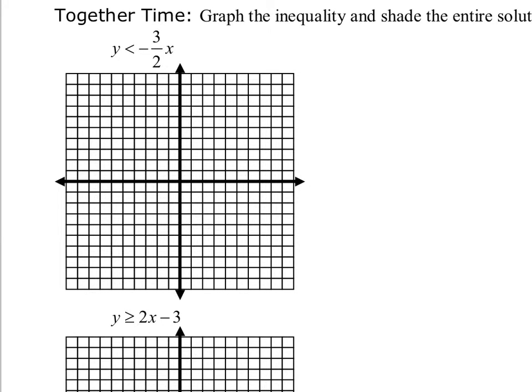So the first thing that we're going to do is take the inequality and graph it just like it's an equation. So Malcolm, if I look at this inequality, what is the slope? And Brian, what is the y-intercept?